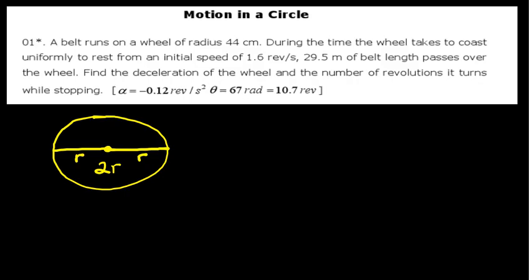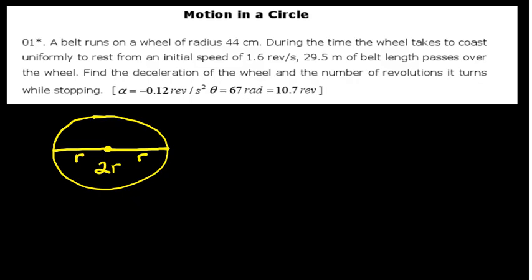So for objects that move in a linear position, you may have different kinds of formulas, where you have v, meaning the final velocity, and you might have displacement, and then you might have velocity. It is important to understand that when you're talking about objects that are moving in a circle, we refer to these objects as possessing a certain angular speed.